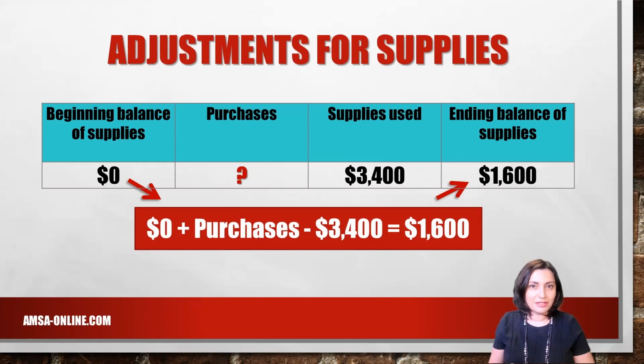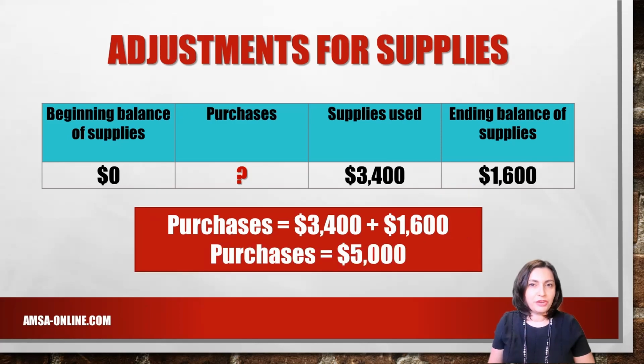The ending balance is $1,600. By rearranging the formula, the supplies purchased equal the supplies used, $3,400, plus the ending balance of supplies of $1,600. This means that the supplies purchased during the year amount to $5,000.